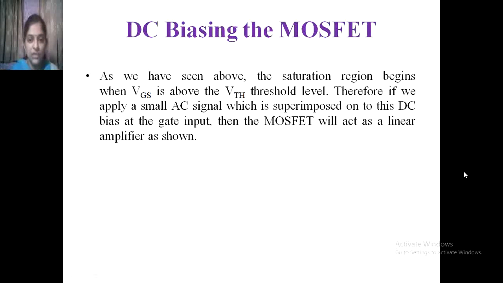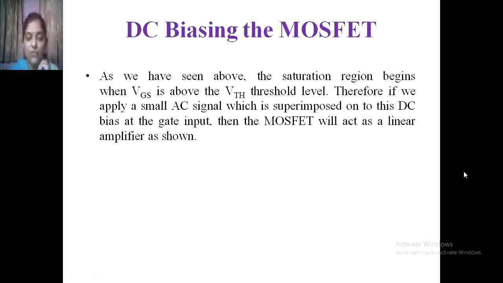As we have seen above, the saturation region begins when VGS is above the VTH threshold level. Already we have seen how the MOSFET works for the input voltage VGS: when VGS is positive enough, the channel is induced in the E MOSFET, and only then will current start to flow from drain to source.